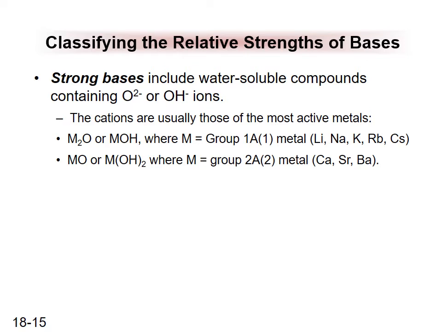Strong bases include water-soluble compounds containing hydroxide and oxide. In other words, an ionic compound in which the anion is hydroxide or oxide and the cation must be a group 1 metal: lithium, sodium, potassium, rubidium, cesium. Or a group 2 metal, excluding beryllium and magnesium.